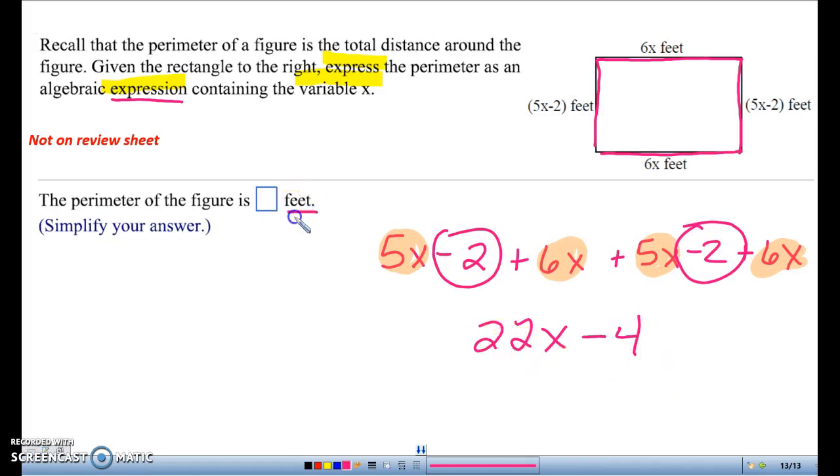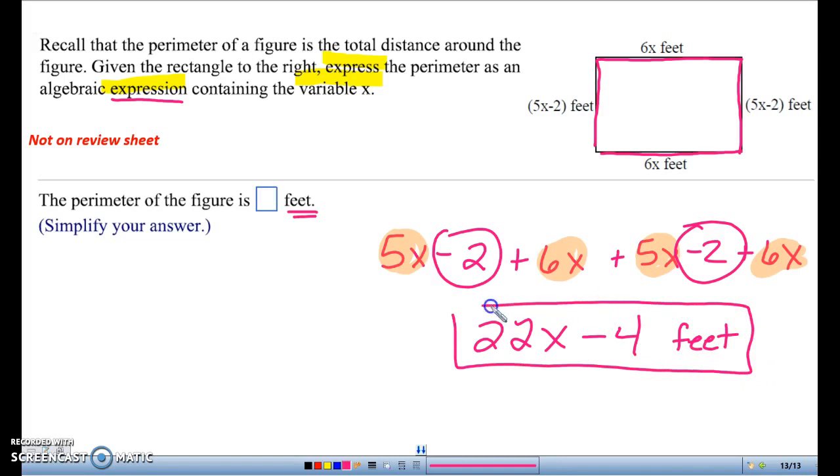In my math lab, they always write in the units. Feet. You're going to have to write in your own units on the test. And if you don't, I'll deduct a point. So the answer here is in feet. That's the expression in terms of the variable x for the perimeter of this rectangle.